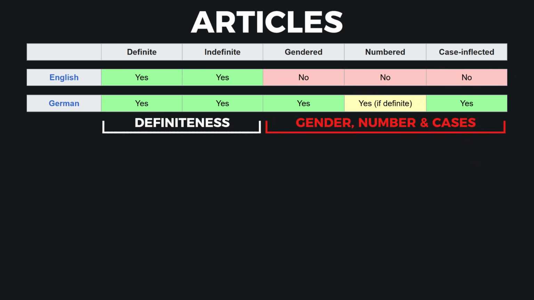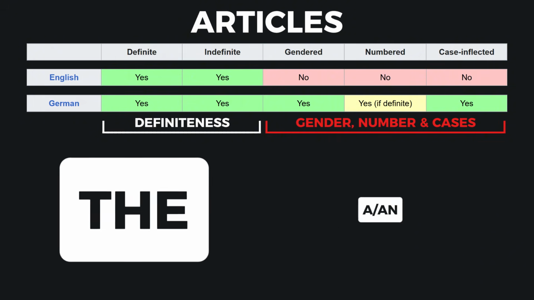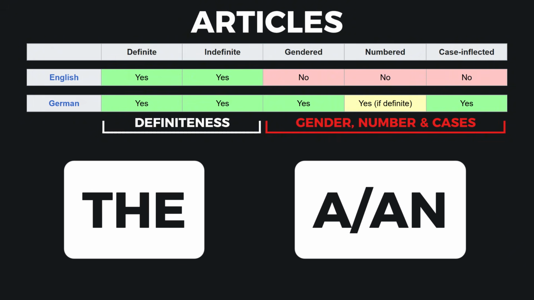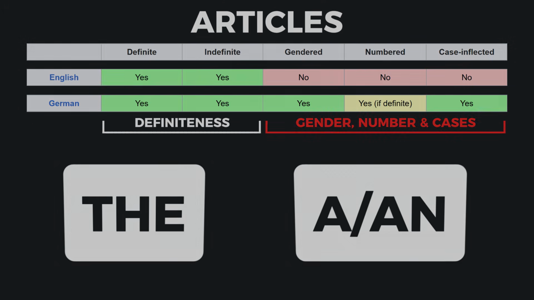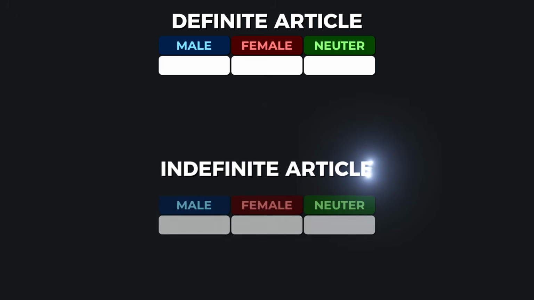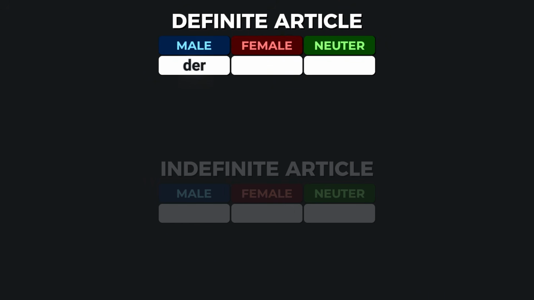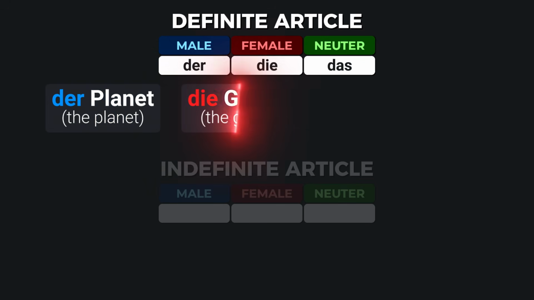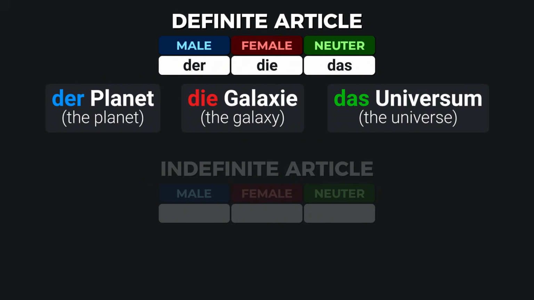Unfortunately, this is where most similarities end, since definiteness is the only attribute the English articles mark. German articles are a bit more powerful. The next attribute German articles mark is the gender of a noun in its singular form. Der is male, die is female, and das is neuter. For example, der Planet, die Galaxie, das Universum. In English just the planet, the galaxy, the universe.